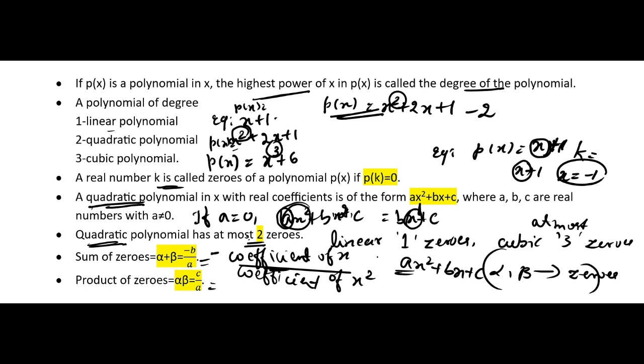Here the given polynomial is p of x is equal to x square plus bx plus c, and c is nothing but the constant term, divided by a, the coefficient of x square. This is the relationship between the real coefficients of the given polynomial and the zeros of the given polynomial.